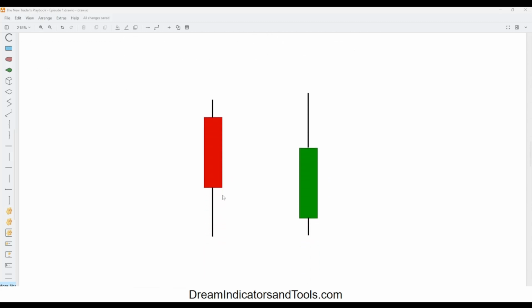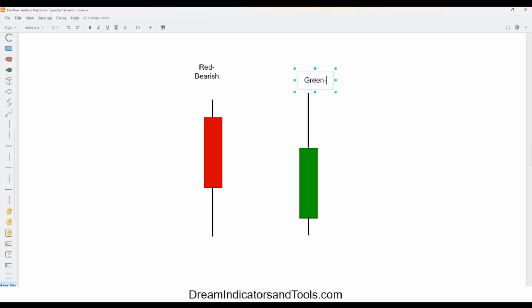So let's take a look at two different kinds of candles. What we have right here in front of us is what you probably would think of as just a basic red and green candle. We need to identify some basics about this. Typically, when you see a red candle, you're going to refer to it as bearish, and when you see a green candle, you are going to refer to it as bullish.